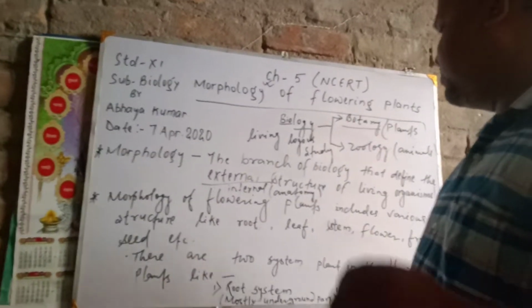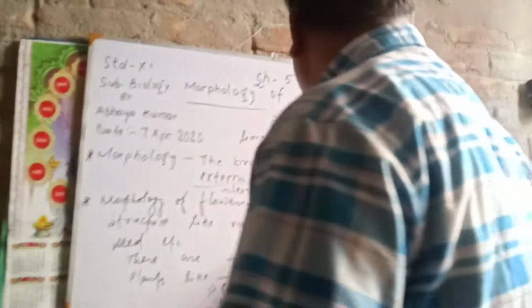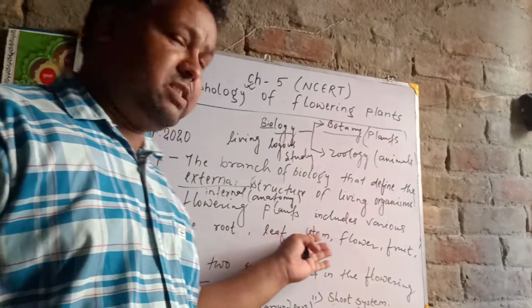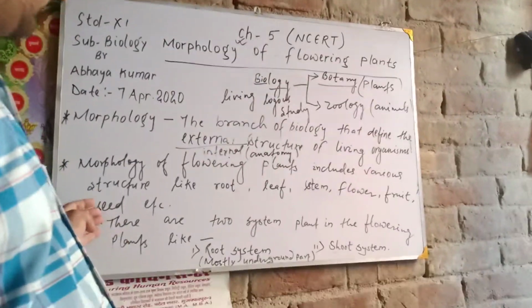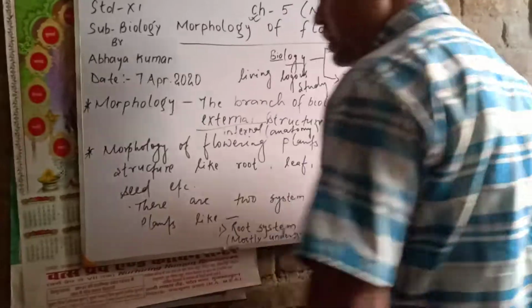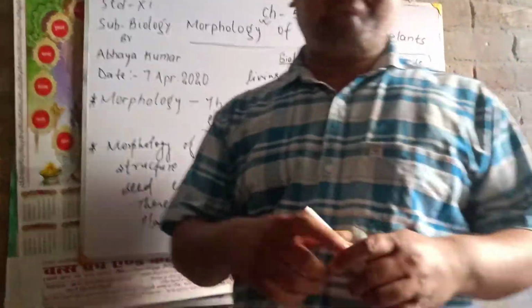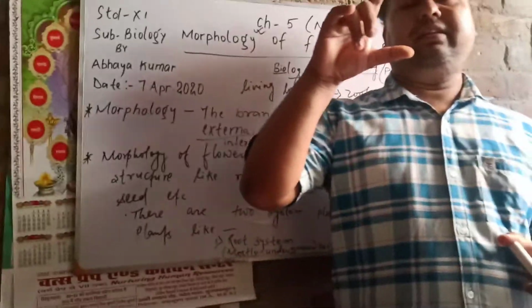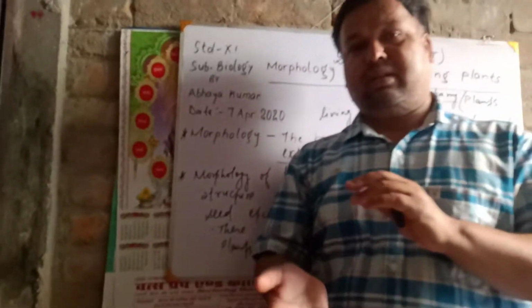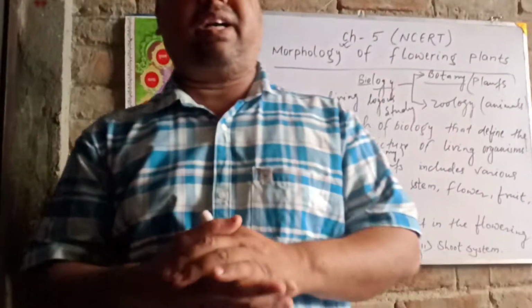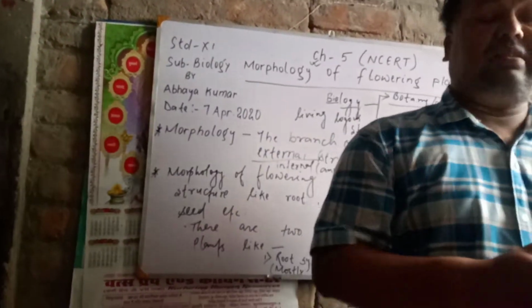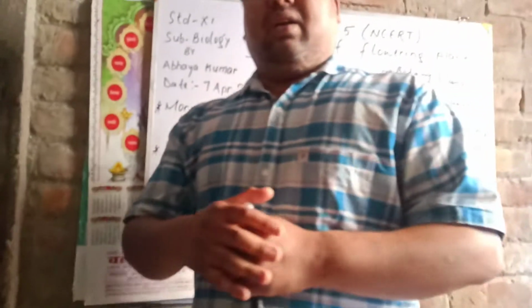Morphology of flowering plants includes various structures of the plant like root, leaf, stem, flower, fruits, seeds and etc. When we observe a typical plant, there are two systems, root system and shoot system. Root system is generally the underground part, whereas above the ground there is the shoot system.